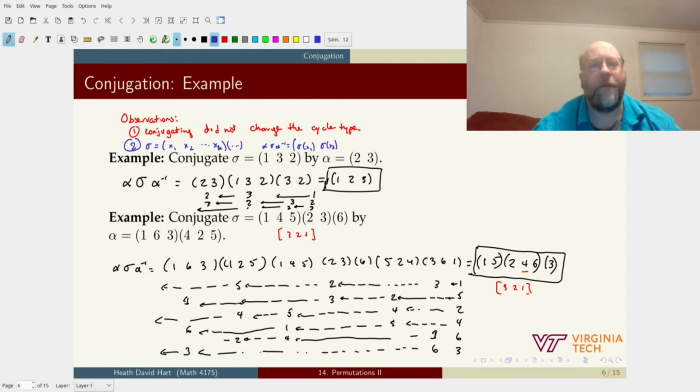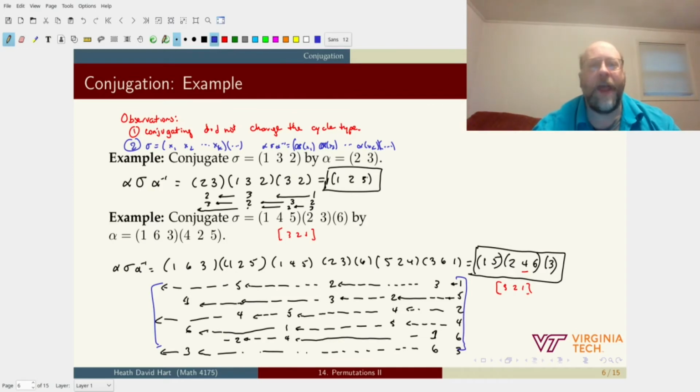Sorry, that should be alpha, not sigma. Through alpha of xk, and so on and so forth. And so all of this work we did down here to work out the conjugate, we have a shortcut. So let's walk through the shortcut now.